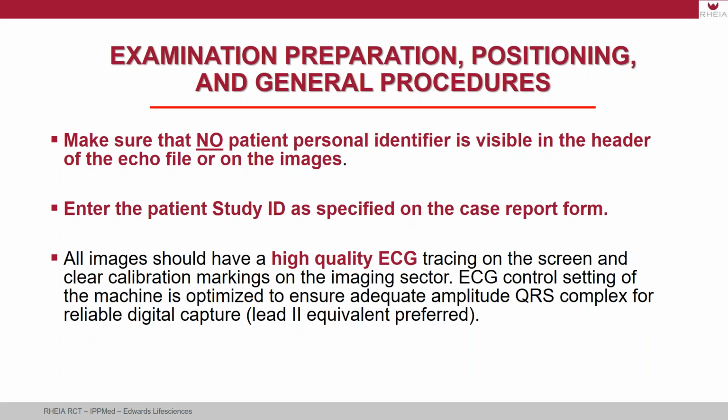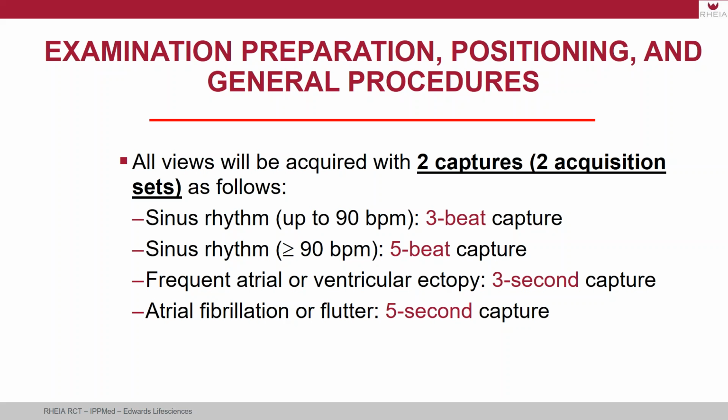We need to have a high quality ECG with sufficient amplitude of QRS. As you know, it's important for analysis of the echo images. Then in terms of number of captures and number of beats per capture, for each type of image or signal, we like to have at least 2 captures, so 2 acquisitions. If you give us 3 or 4, it's even better.